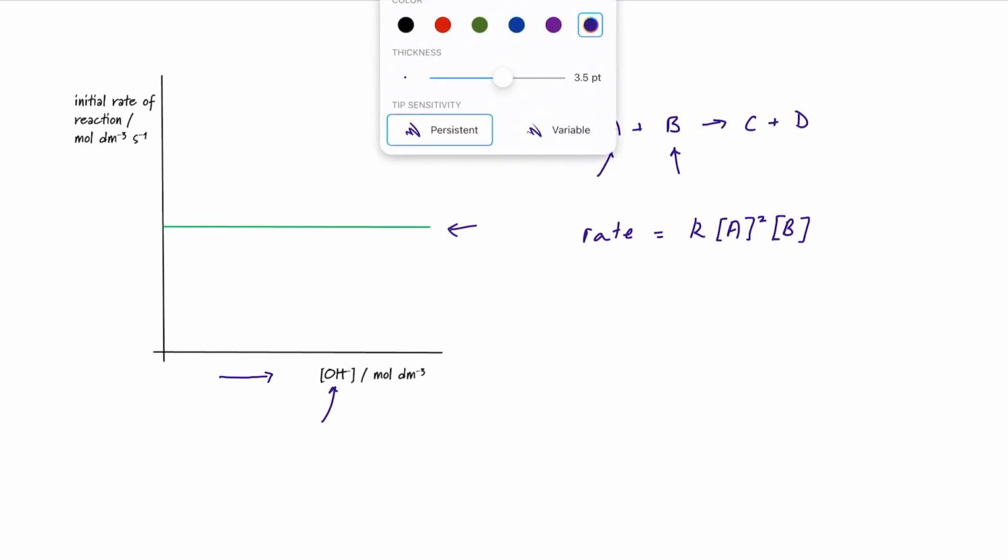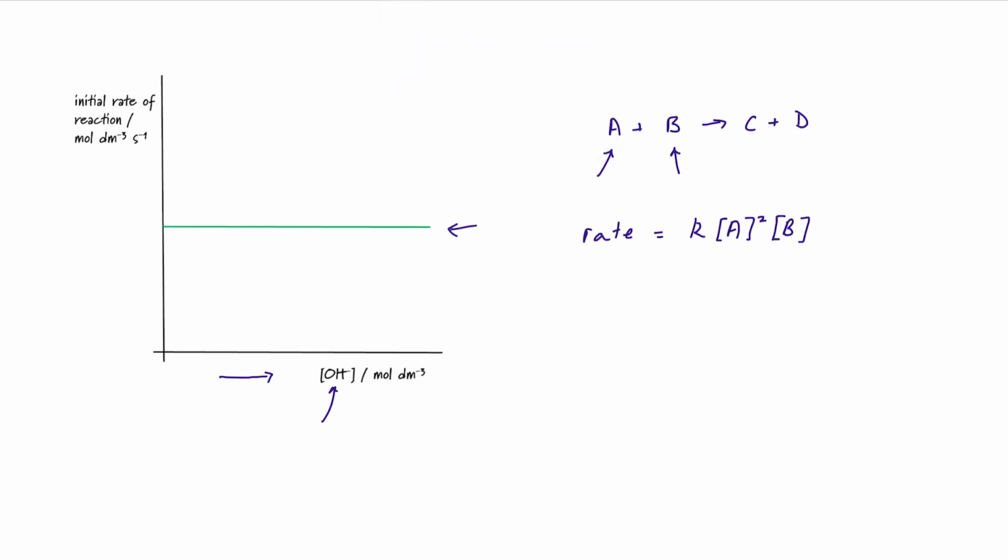What this rate law or rate equation is telling me is that if I double the concentration of reactant A, then the rate will quadruple. And if I double the concentration of reactant B, the rate would double.